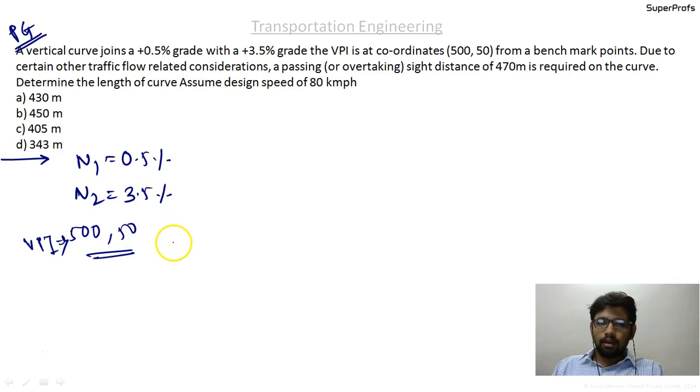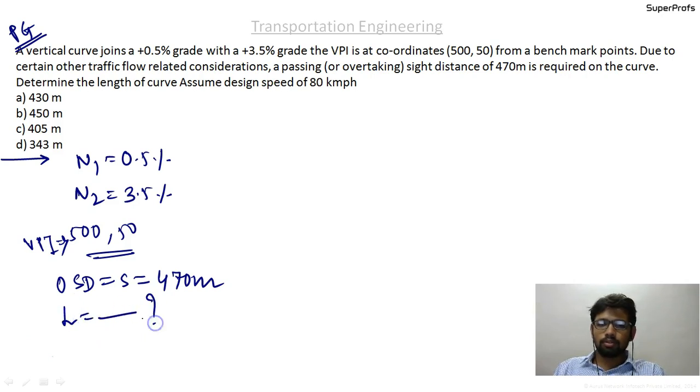Due to certain other traffic flow related considerations, a passing or overtaking sight distance of 470 meters is required on the curve. So OSD required is S equal to 470 meters. Determine the length of the curve.